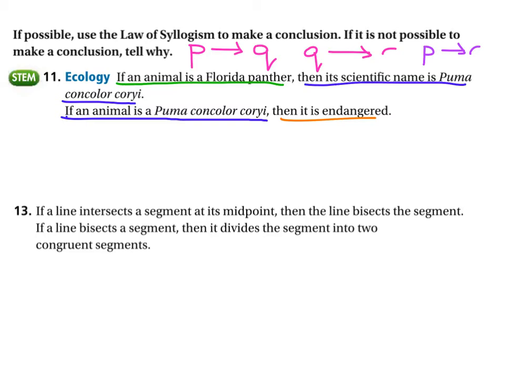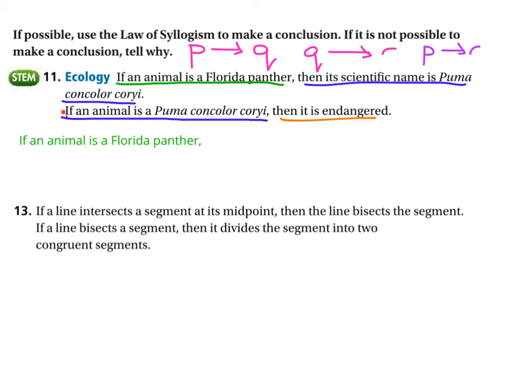and let me type it here. If an animal is a Florida panther, then what? Well, remember, that leads us through its scientific name to it is endangered.